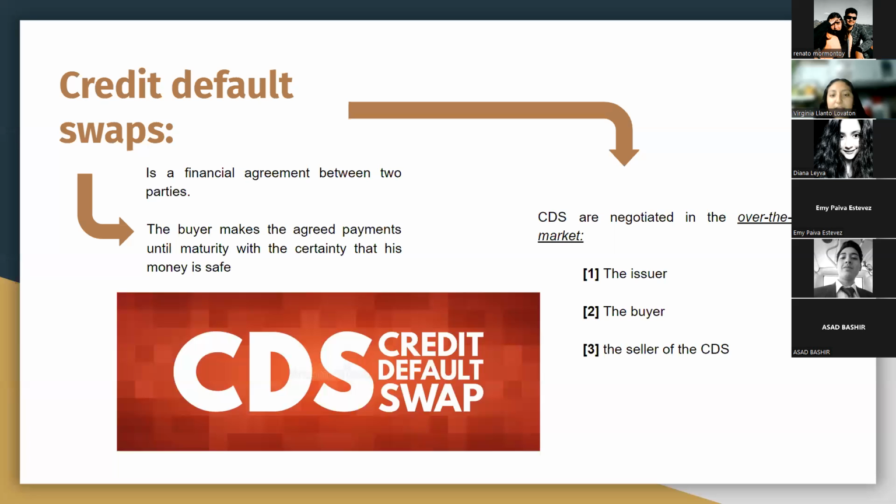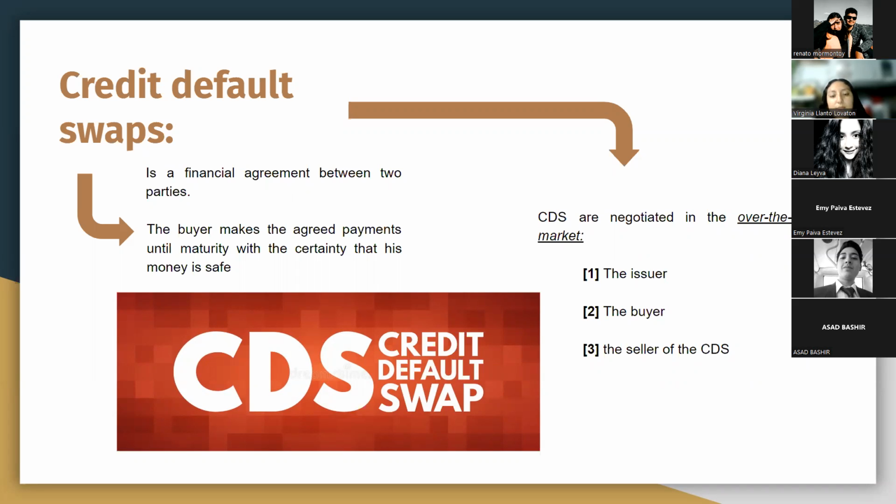Normally, the CDS are negotiated in the over-the-counter market, like I mentioned before, in which three parties are mostly involved. The first one is the issuer of the debt, which are institutions that act as borrowers. The second one is the buyer of the debt, which becomes the buyer of the CDS once the contract is signed.